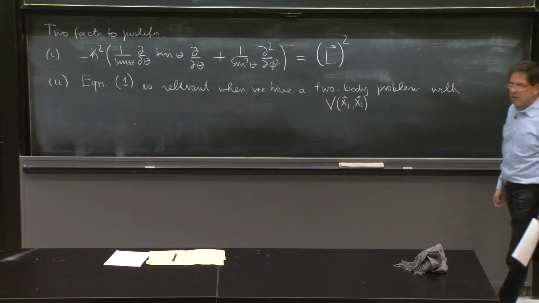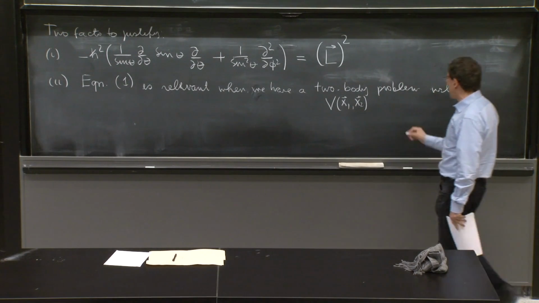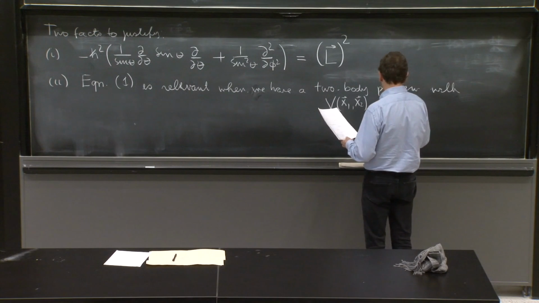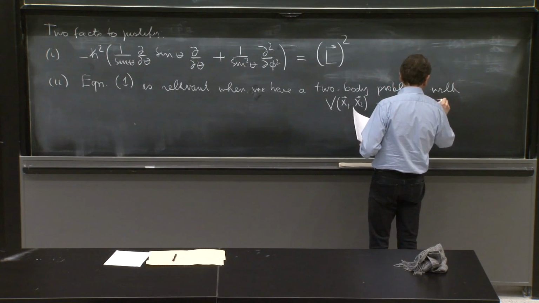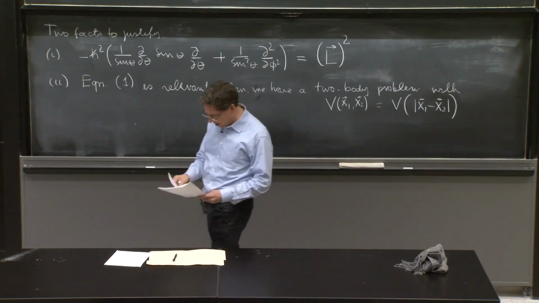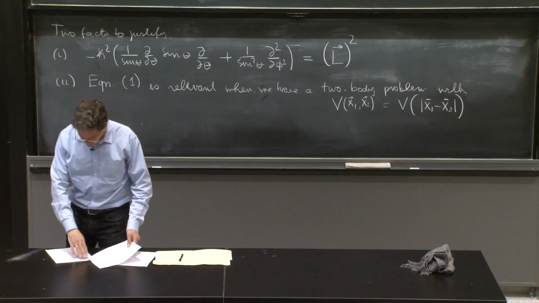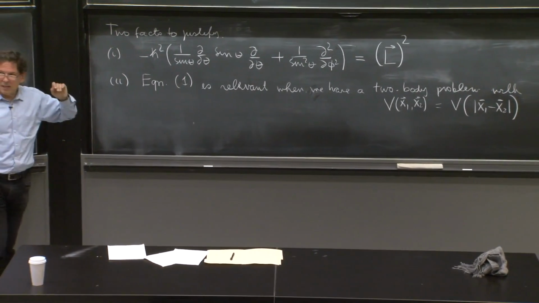The potential energy given a configuration x1 and x2 of the first and second particle is a function of the separation only, the absolute value or the length of the vector x1 minus x2. This far we'll get to today. This will be next lecture still.